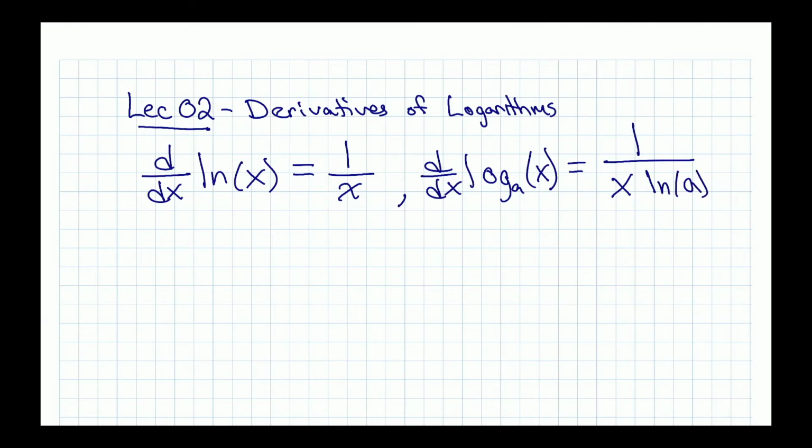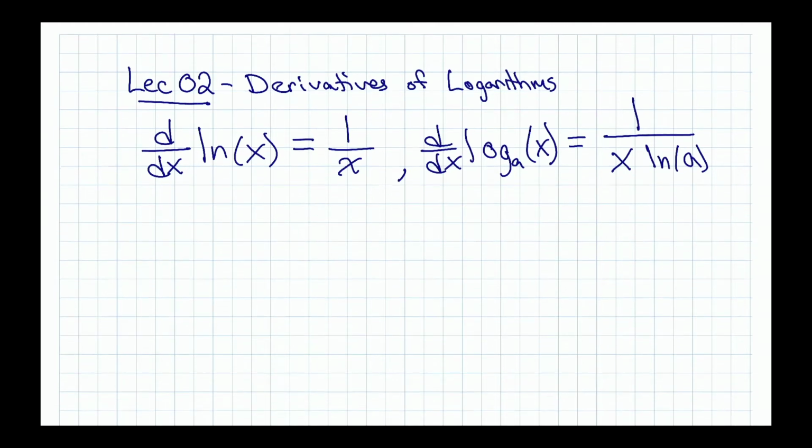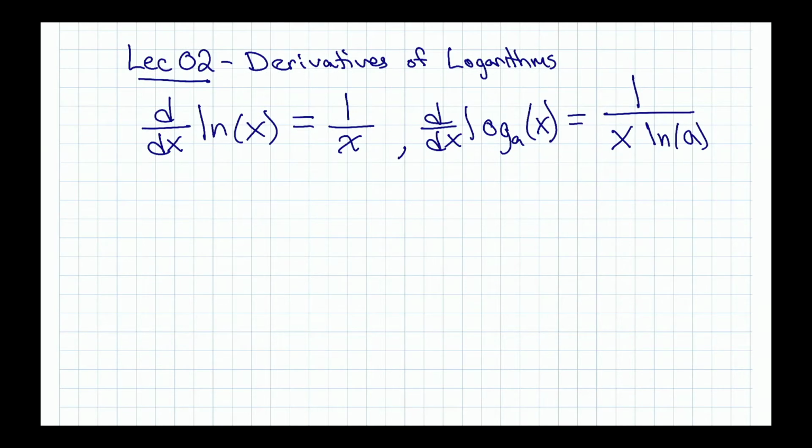Basically, the ln a corrects for the fact that it wasn't a natural log. This is similar to when you take the derivative of an exponential base a, which you saw in the notes from lecture 1. Really, what I wrote here is all you need to know in order to do this section.